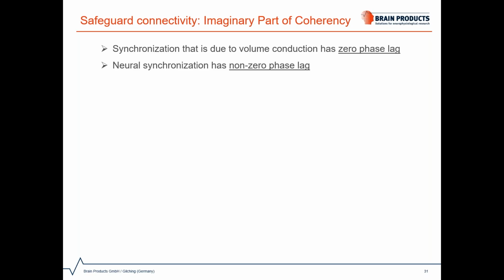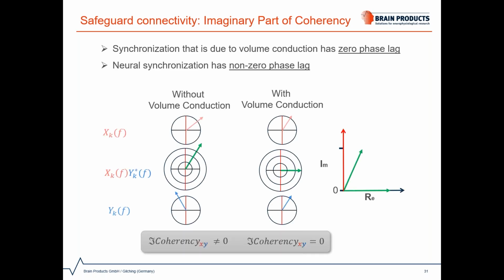What does that mean for the imaginary part of coherency? Let's again look at the computation of the cross spectrum, which is the basis of the coherency. So we have again phase and amplitude information of two oscillations represented as these vectors, and the resulting cross spectrum represented as this difference vector.